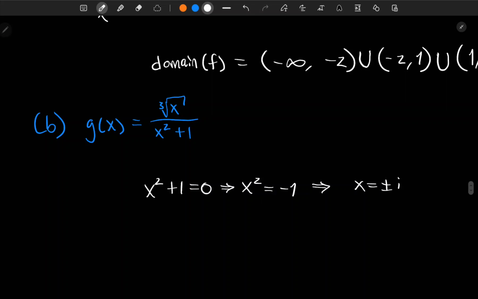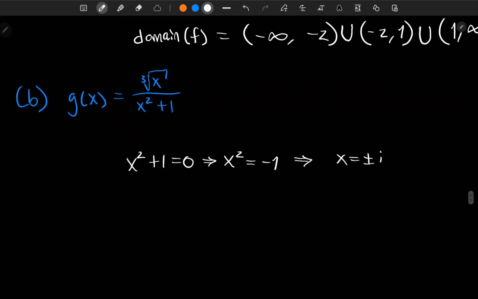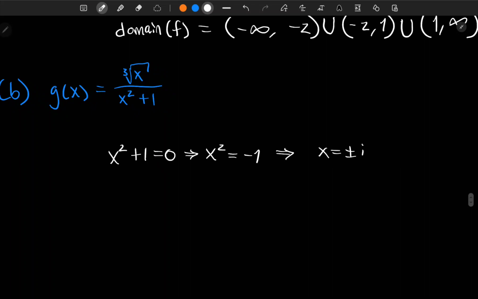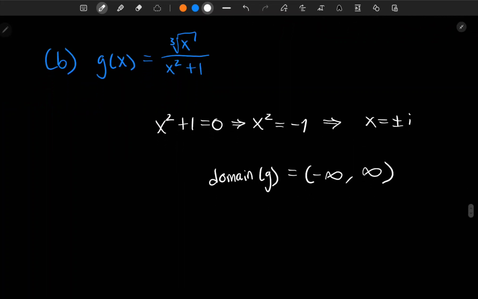And because we're not defining domains in the complex plane, we say that this is also never equal to 0. So the domain of g is equal to the entire number line. So all real numbers are within the domain of g.